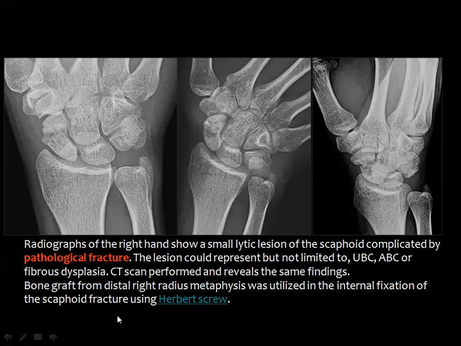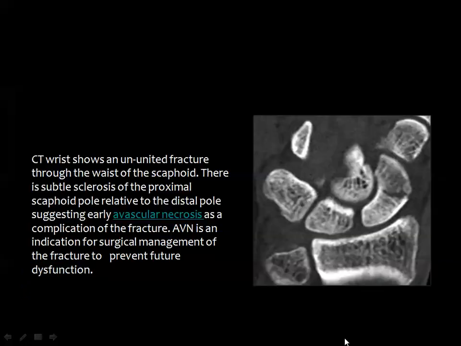Then this is a pathologic fracture of the scaphoid bone. You see an osteolytic lesion in the scaphoid, like a simple cyst, for example. After trauma, there is a fracture across this cyst, so we consider this a pathologic fracture.